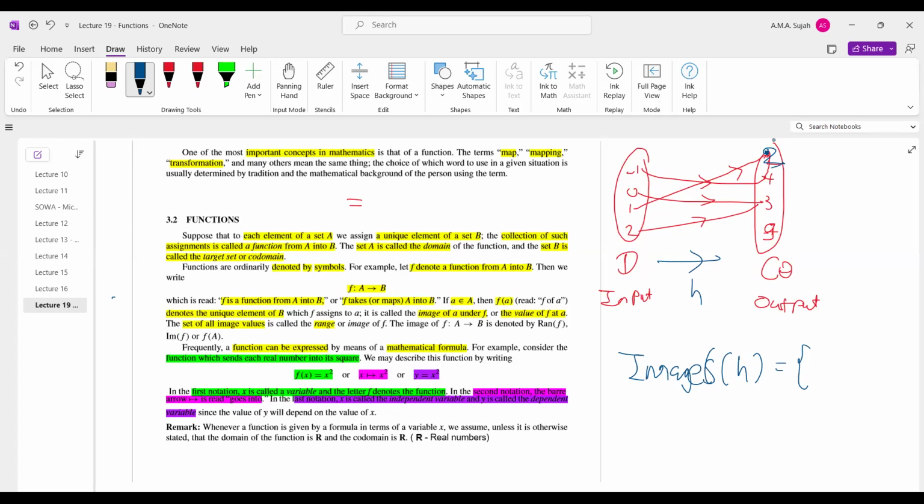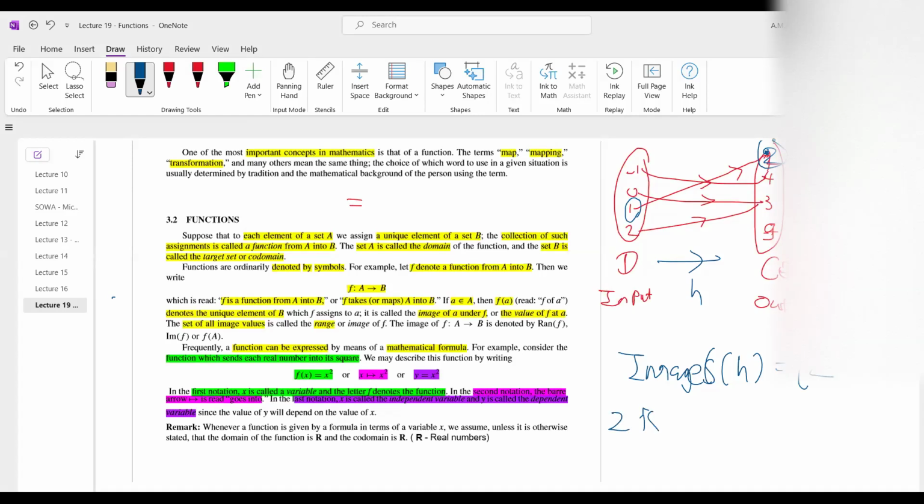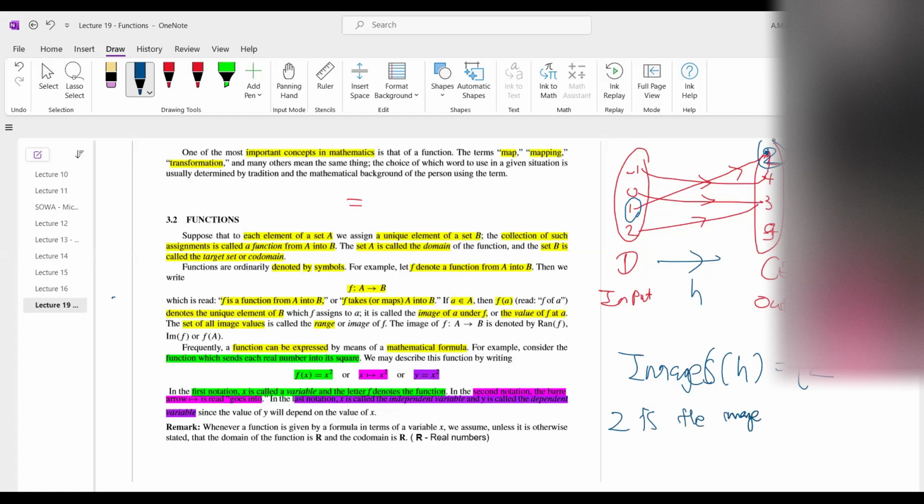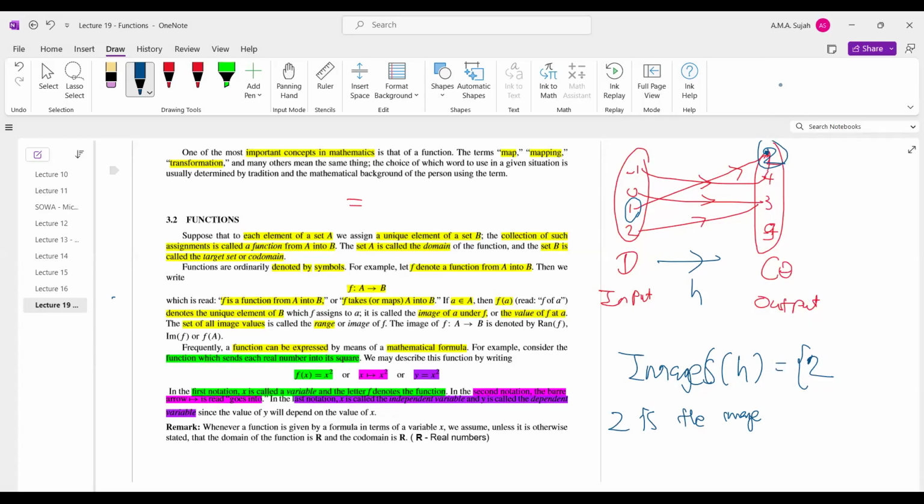So this 2 is a codomain element which is assigned with the domain element 1. So we can write 2 is the image of 1.